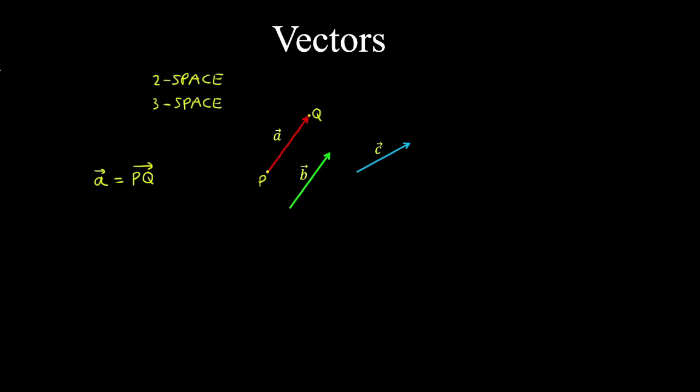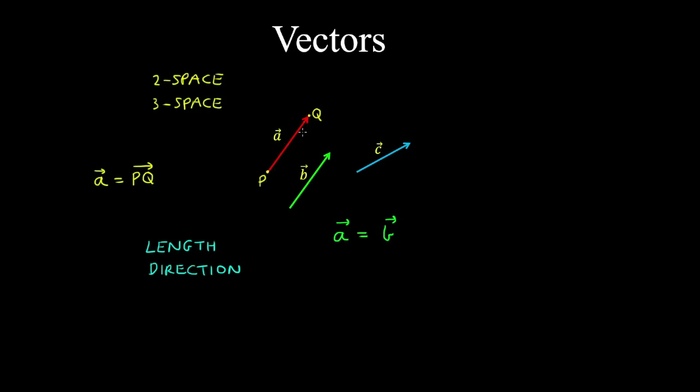So vectors have a length or a magnitude and a direction, unlike scalars or numbers which only have a magnitude. Now two vectors are equivalent if they have the same length and same direction.